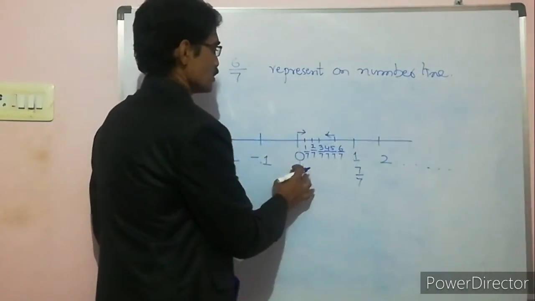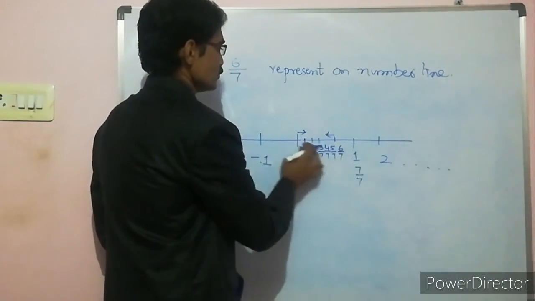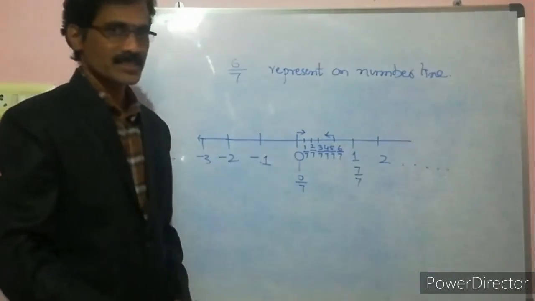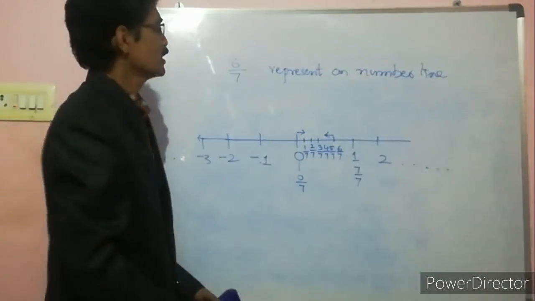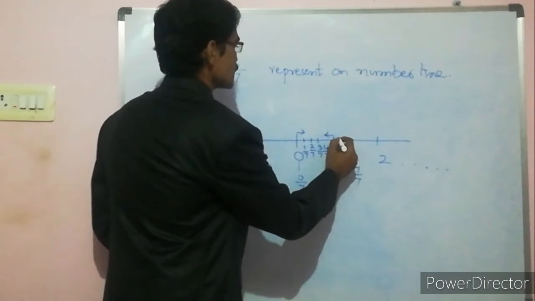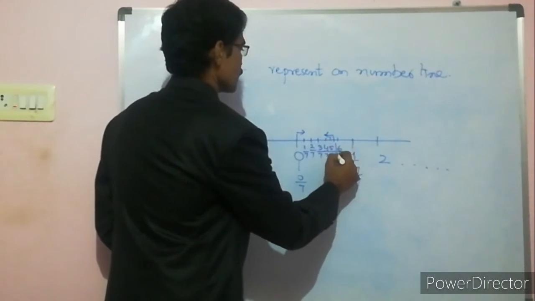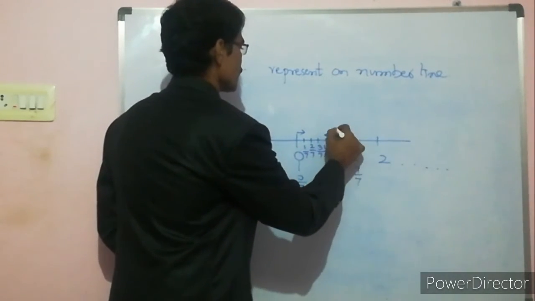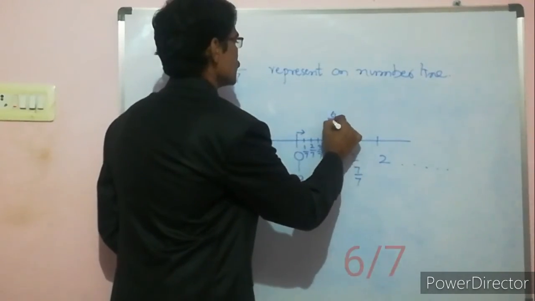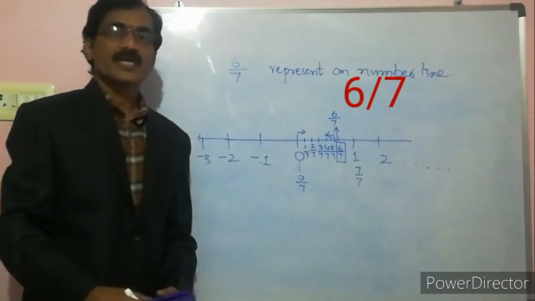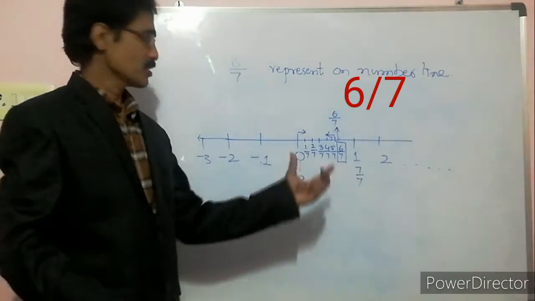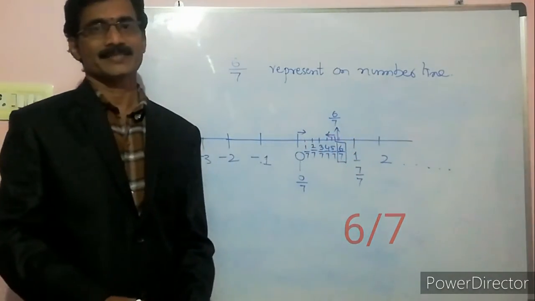So now 0 to 1 we have divided into 7 equal parts. Here you will get 6 by 7. This is 6 by 7. So we have represented 6 by 7 on the number line.